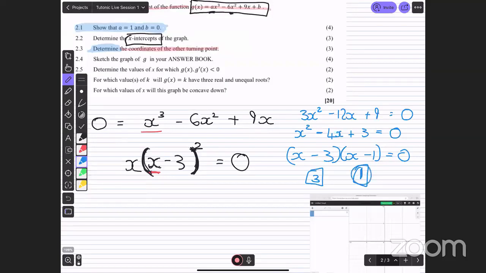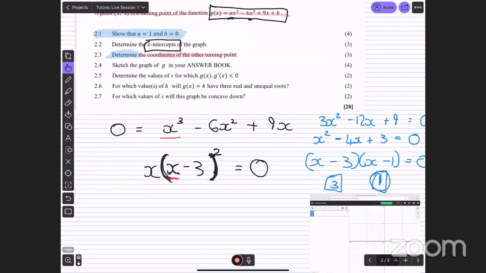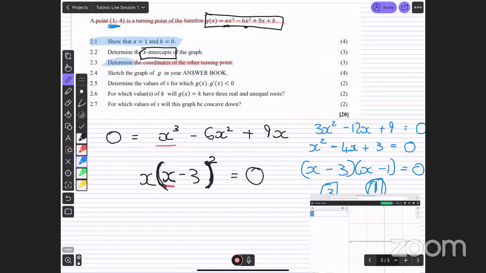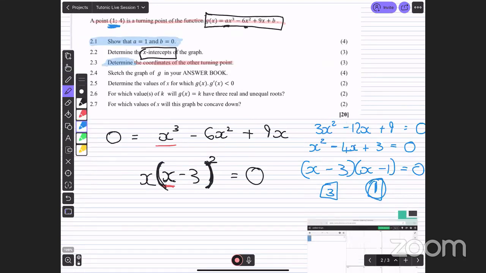So 1 we expect, right? We expect 1, but we also get 3. But we predicted that it would be 3 because it's a bounce point. Okay. So this is just confirming. We already knew, we already suspected it, but now we're just proving it.